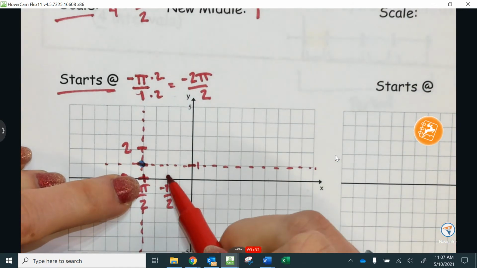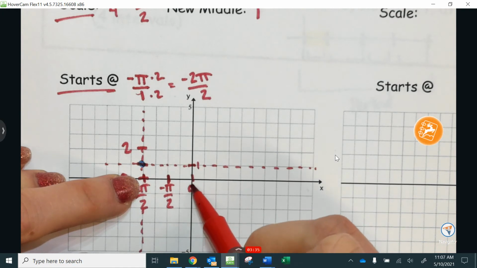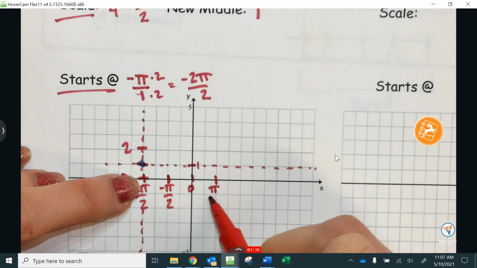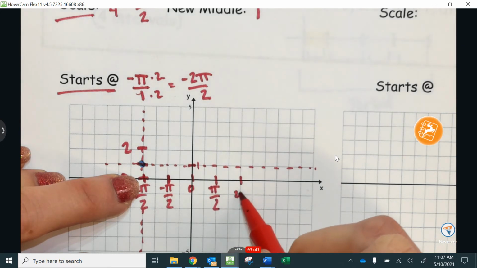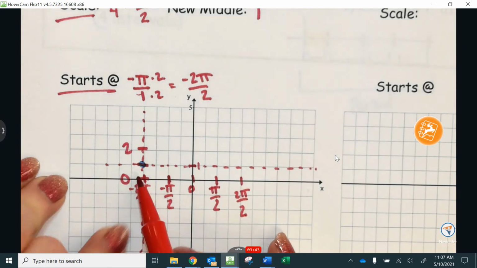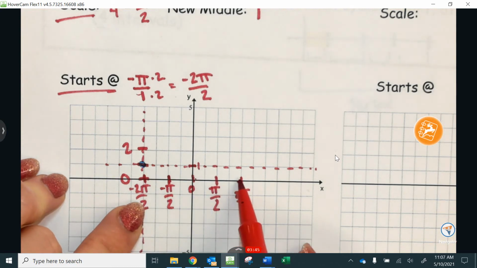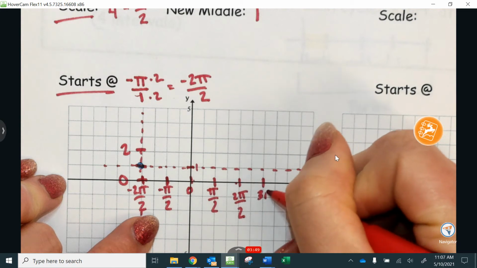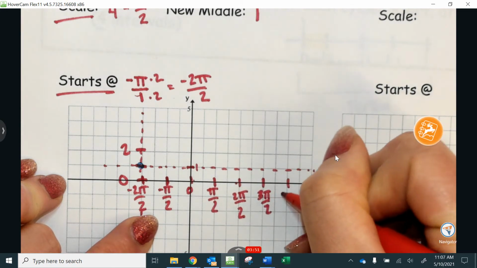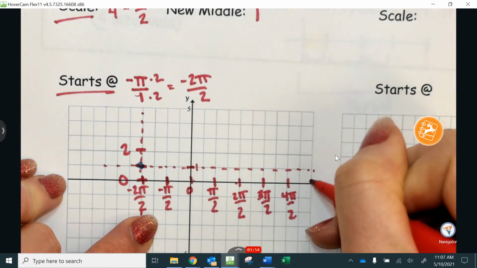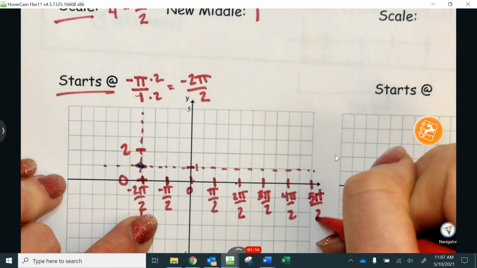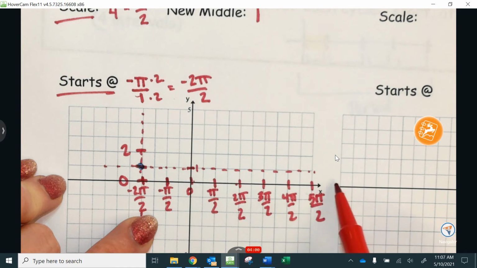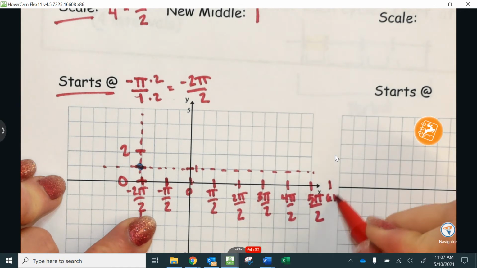So that's 1, 2, and this is 0. 1, 2, 3, and then I need to do pi over 2 and 2 pi over 2. So that's 1, 2, 3, 4, 5. And it does say graph 2 cycles. 3 pi over 2, 4 pi over 2, 5 pi over 2, and I need one more, so 6 pi over 2.